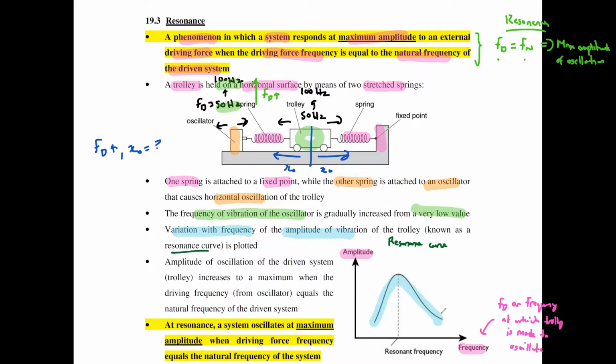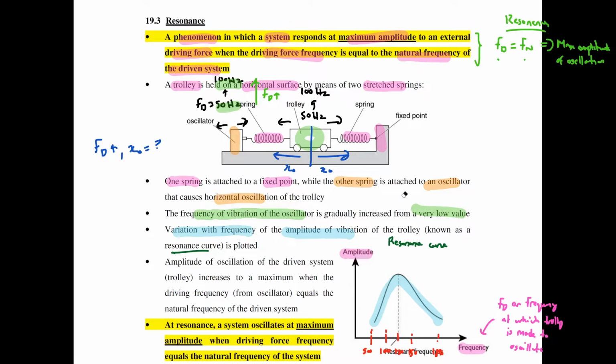It shows you where the system would actually experience resonance. Say, for example, you started off from a frequency of 50 Hertz and then increased to 100 Hertz, and you keep on increasing your frequency, maybe 120, 150, 180.